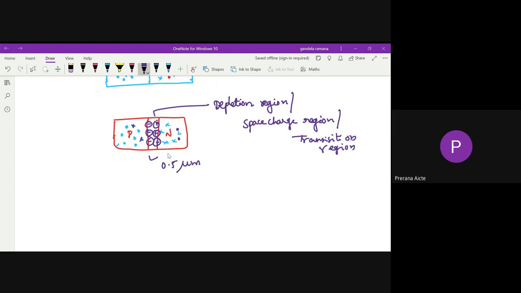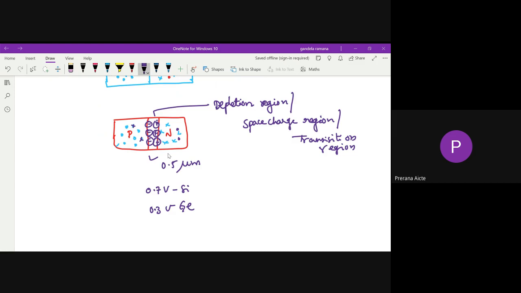So what is the barrier height? It is not a distance, it is a potential. It is 0.7 volts for silicon and 0.3 volts for germanium.